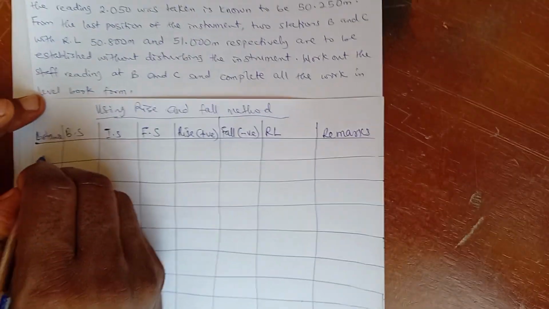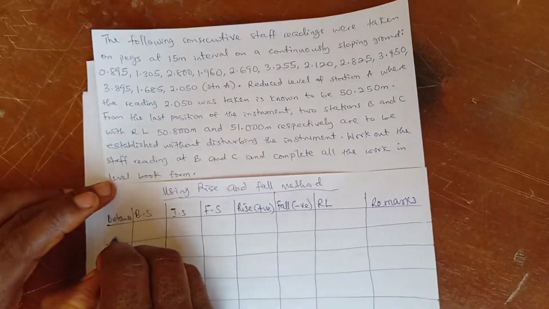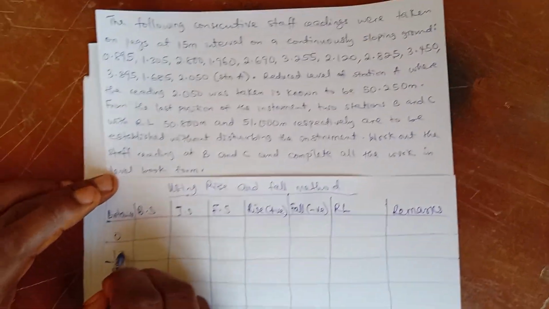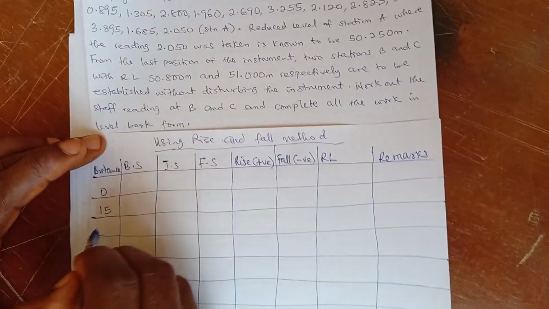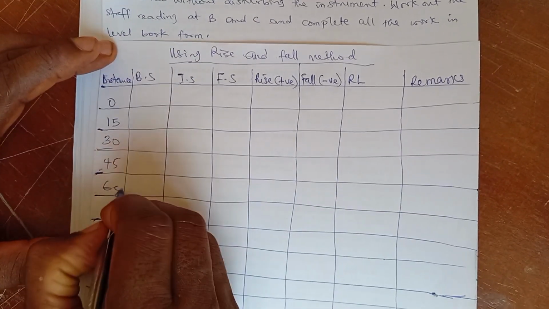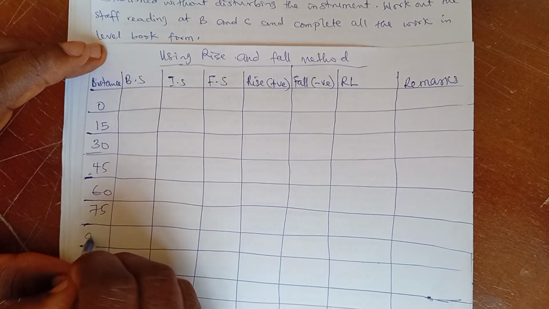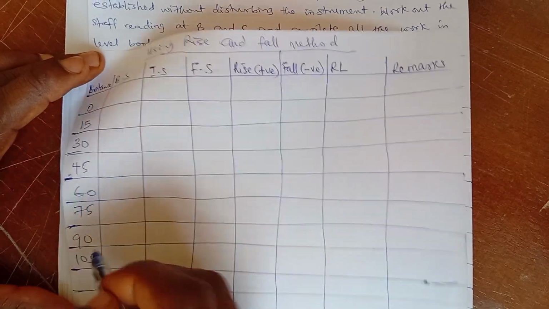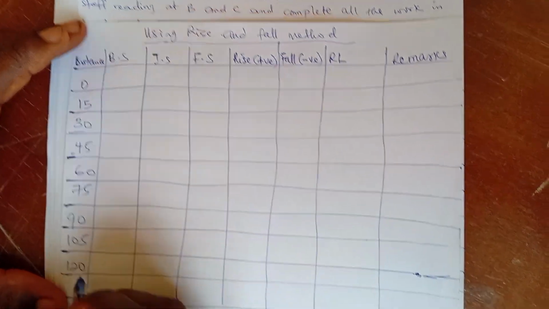So the first point is chain 0. Since the interval is 15, we start adding 15 up to what we have: 45, 60, 75, 90, 105, then 120.